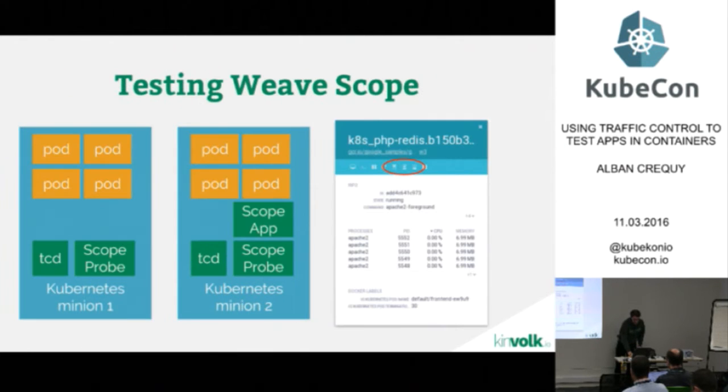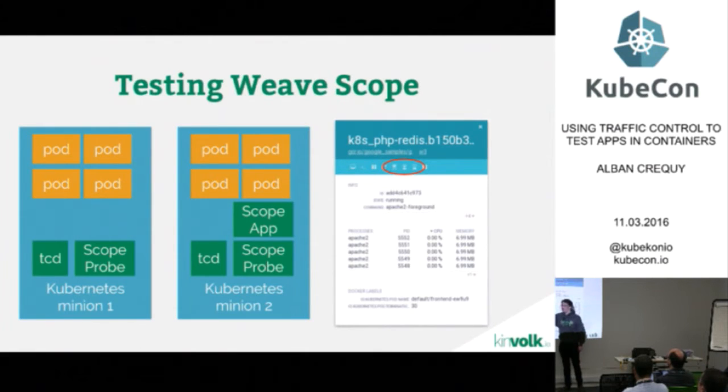And then I'm using Weave Scope to have a view on my containers. Weave Scope provides a web UI where I can see the state of the pods and containers in Kubernetes. And that web server is provided by a scope app. And scope app can communicate with a scope probe.